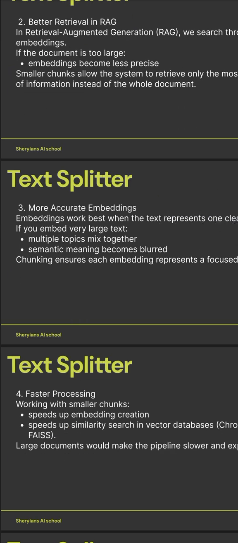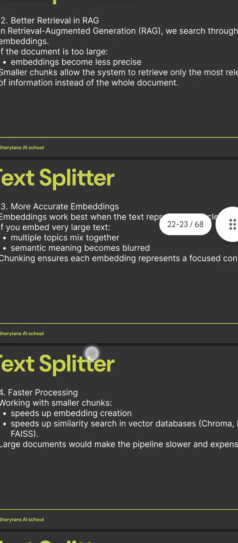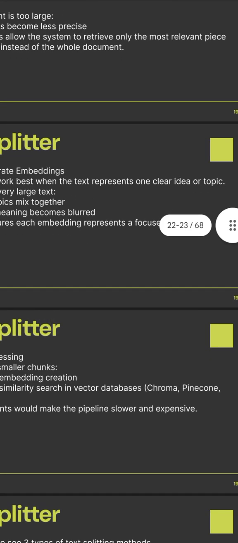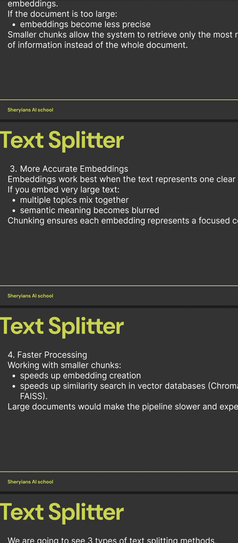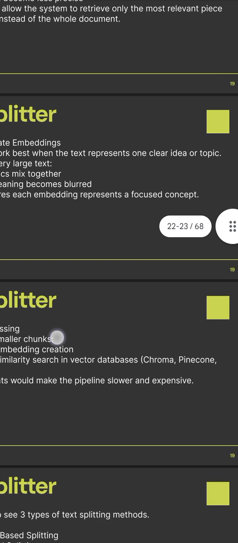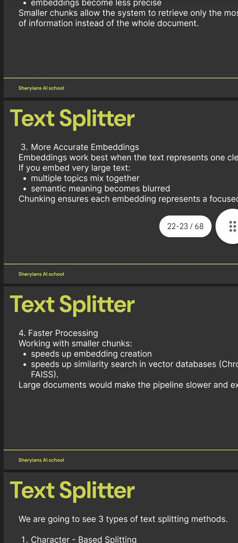Next, more accurate embeddings. Embeddings work best when the text represents one clear idea or topic. If you embed very large text with multiple topics mixed together, the semantic meaning becomes blurred.